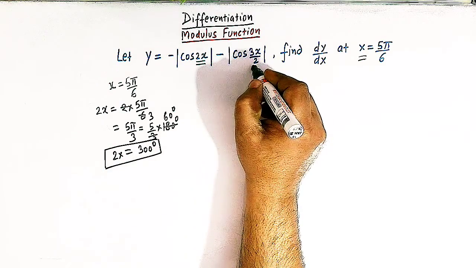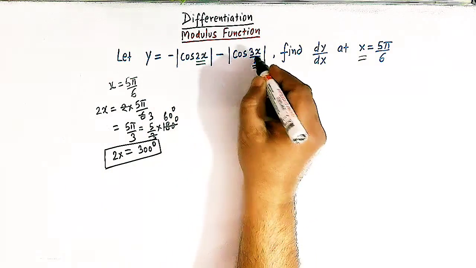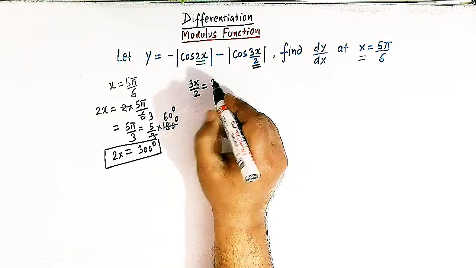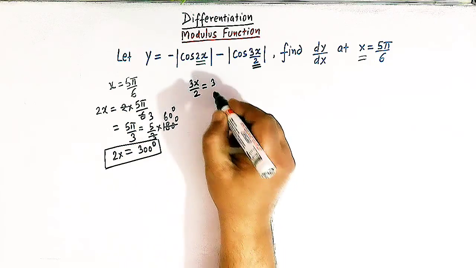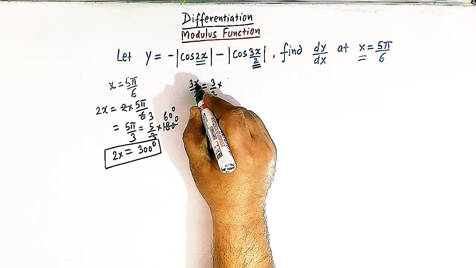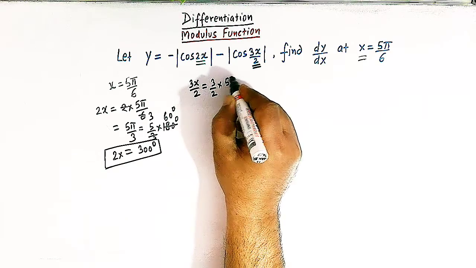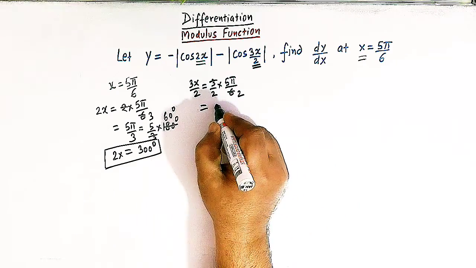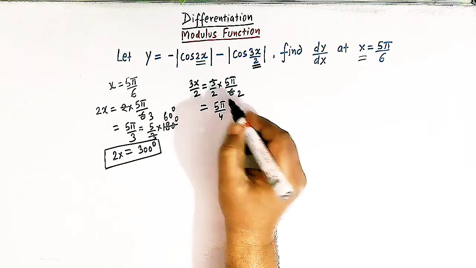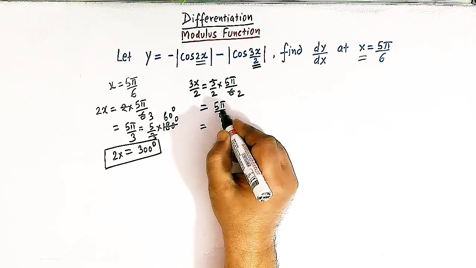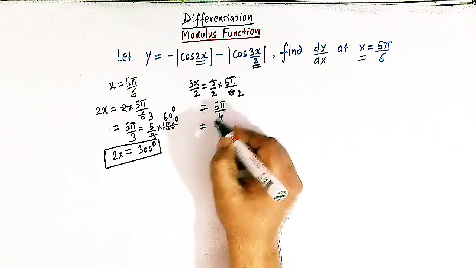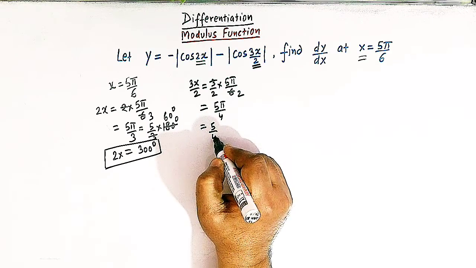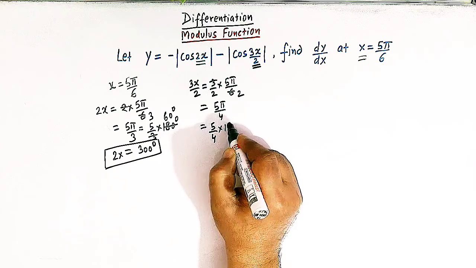Okay, now let us consider this angle. So here we have 3x over 2. Now 3x over 2 at x is equal to 5 pi by 6 can be written as, substituting x is equal to 5 pi by 6, we have here 3 times 5 over 6 times 2, so we have 5 pi by 4. And again, converting this angle into degrees, we have 5 by 4 times 180 degrees.